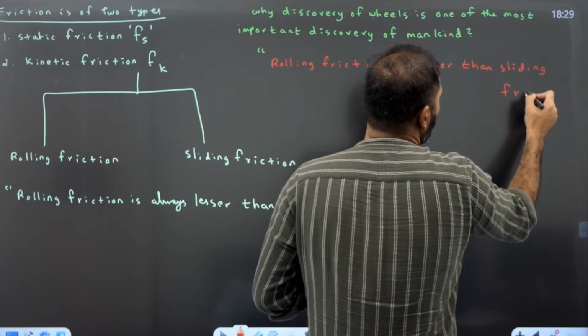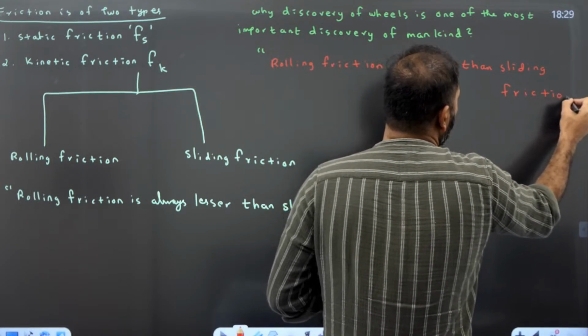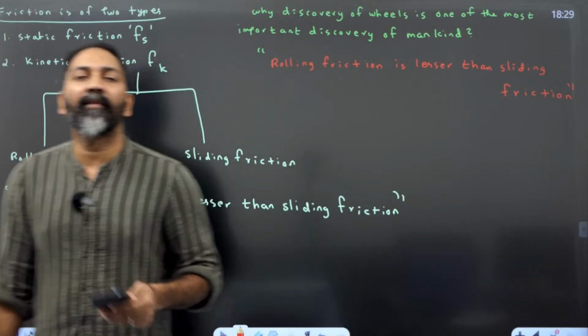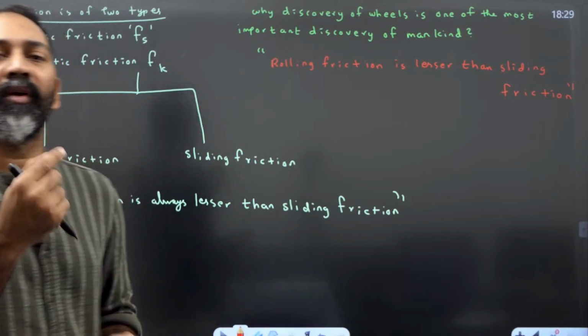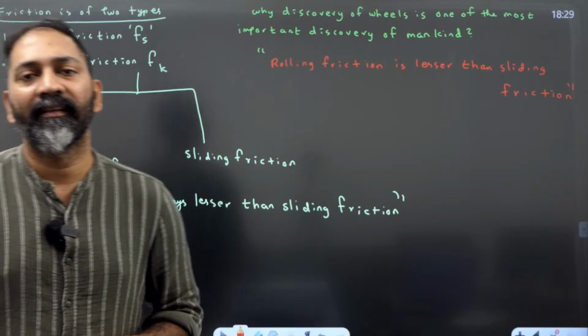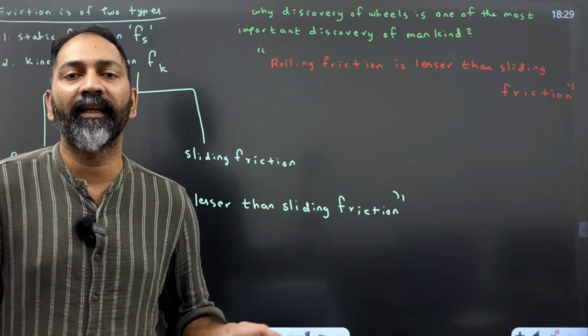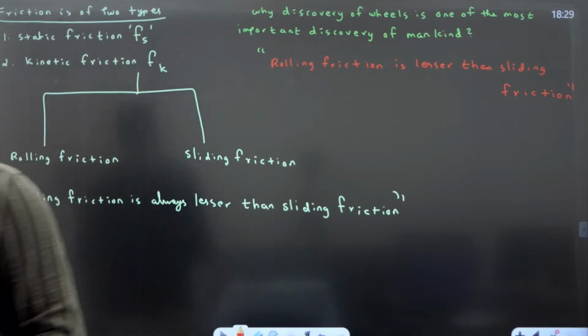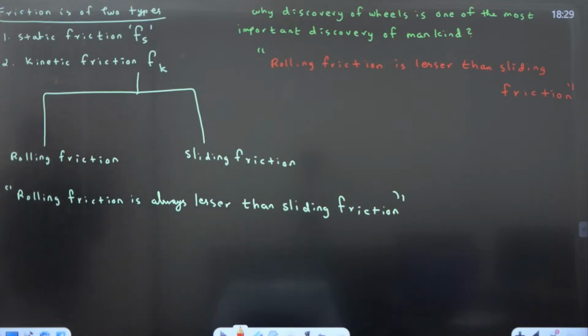Suppose you have a very big almara in your house. If you want to move that almara, what will we do? We will be attaching small wheels to that almara. Then you can easily move it. Why? Because rolling friction is lesser than sliding friction. Any doubt? Note it down.